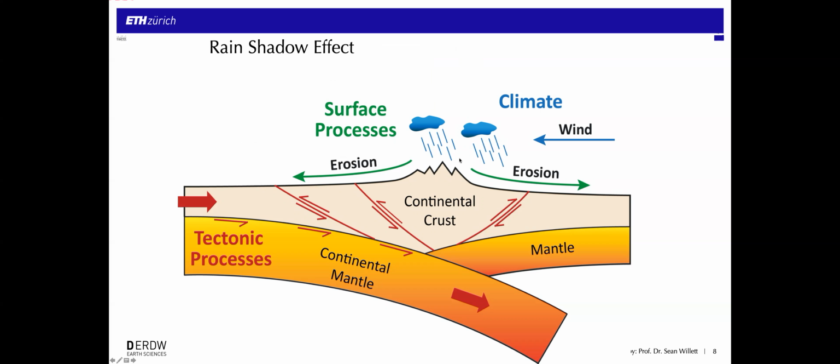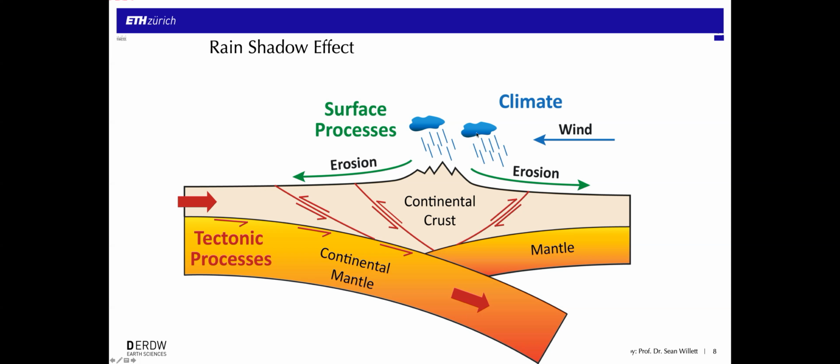But there is an interesting effect that we think we can see in this interaction between the processes. And that is what's sometimes called the rain shadow effect, or orographic enhancement of precipitation, in that the weather always seems to come from one direction. Depending on where your mountain belt is relative to the oceans and the jet stream, and which hemisphere you're in, there is a dominant wind direction, or really a moisture flow direction.